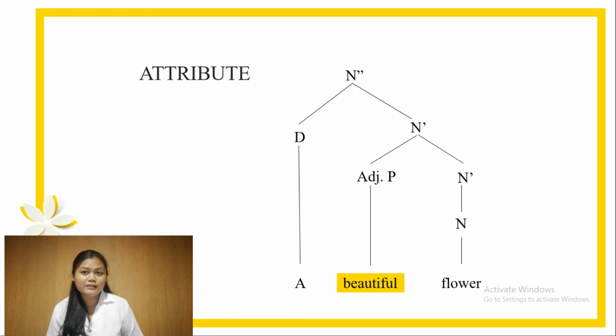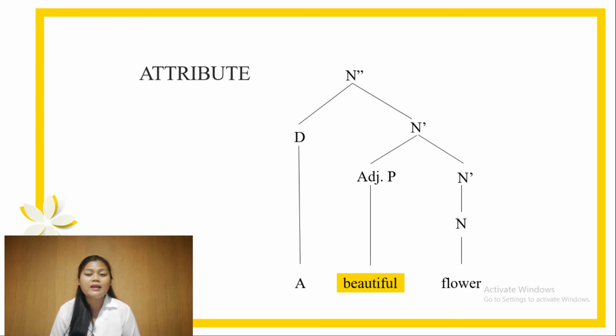Well, next, the third example is attribute. The example of attribute is a beautiful flower. As you can see, guys, this diagram shows that beautiful is the attribute. Here, N double bar branches into determiner and N bar.